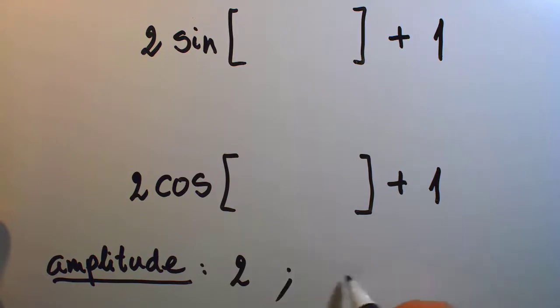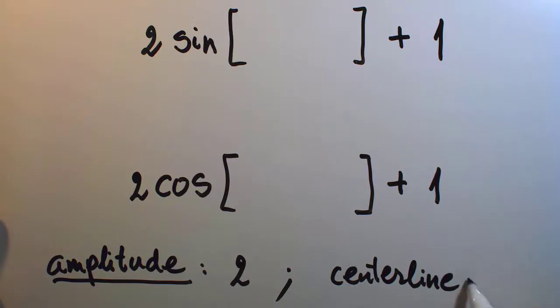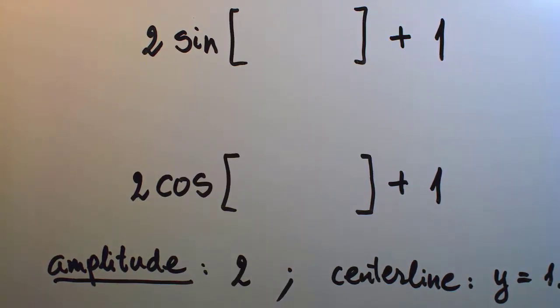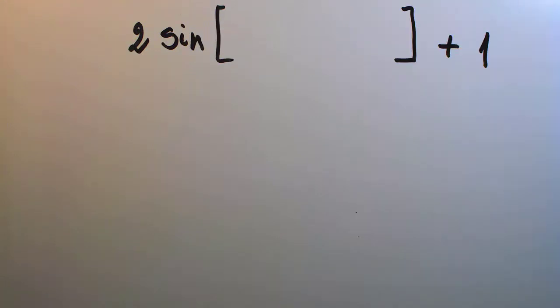Amplitude is 2, and we have a center line at y equals 1.